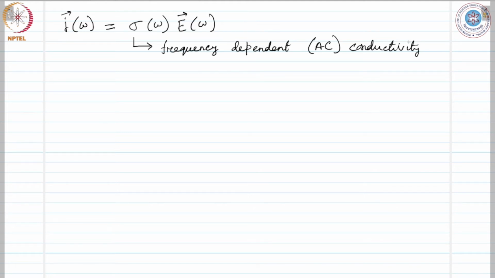And what is its value? Sigma omega can be written as sigma naught over 1 minus i omega tau, and sigma naught, as we have defined earlier, is nothing but n e squared tau over m.